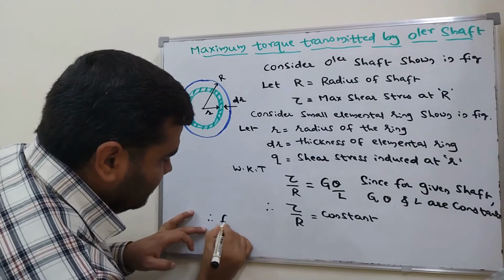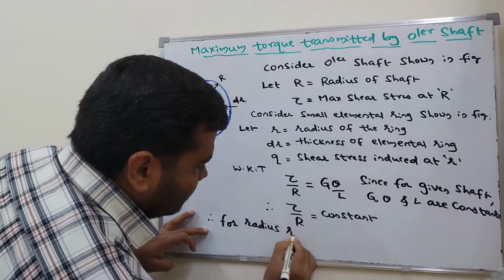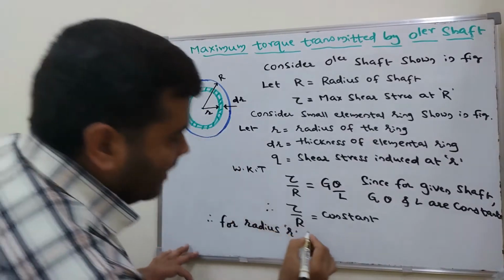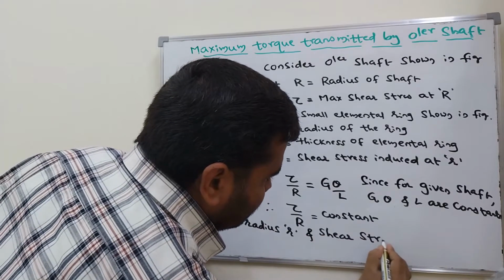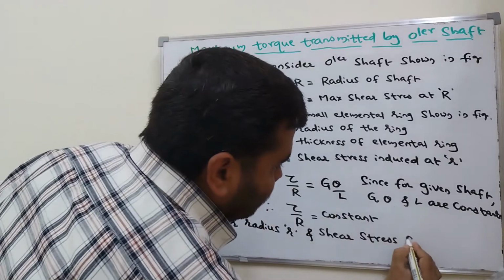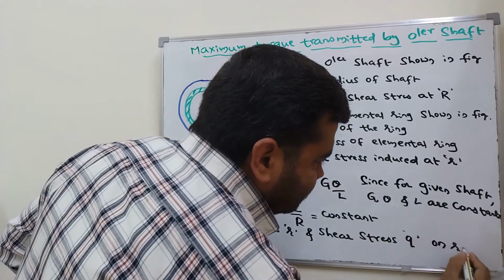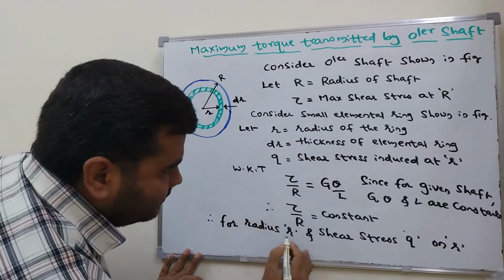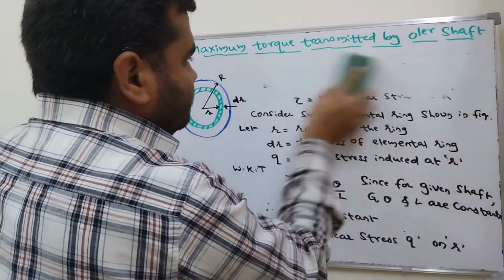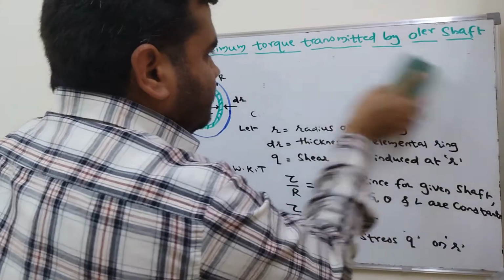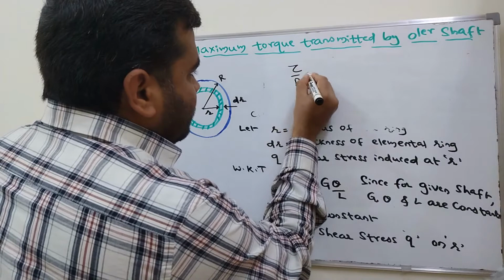Therefore, for radius small r on the ring and shear stress q at r, tau by R equals q by r.